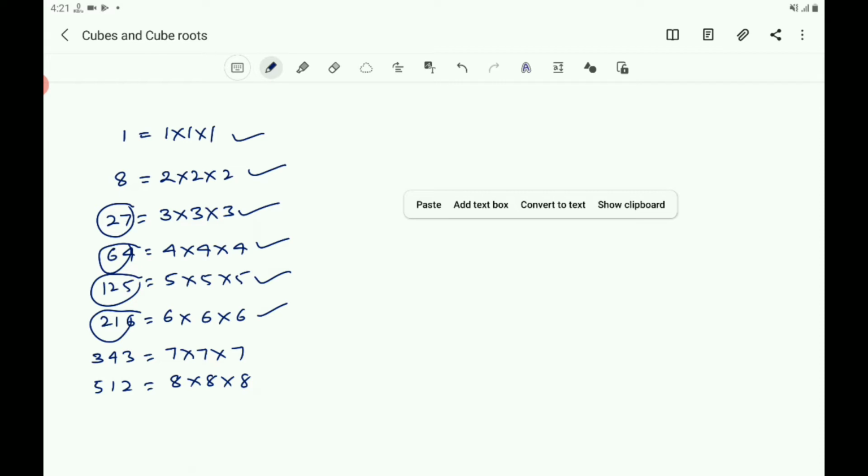So how can you say these are the cube numbers? These are the numbers obtained by multiplying a number 3 times.